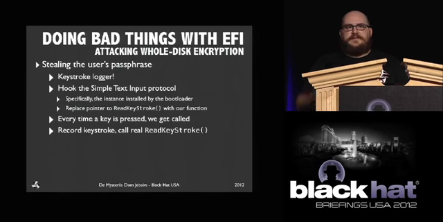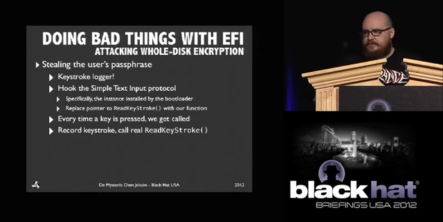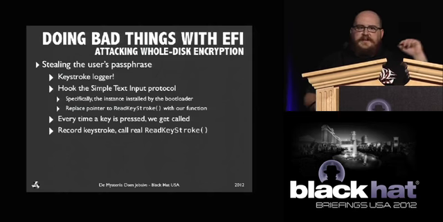There's a whole series of events you can register for, which is awesome. So we just register for and wait around until another instance of the Simple Text Input Protocol is installed on that handle, and that's when the bootloader installs one to read keystrokes for the passphrase entry screen. So yeah, we can hook that, and that works pretty well. We can save that in a buffer, stick it in NVRAM, wait till the system's booted, and send it off over the network or whatever.